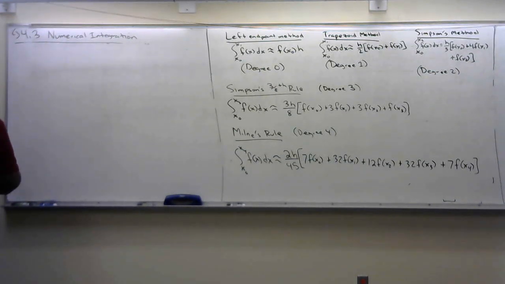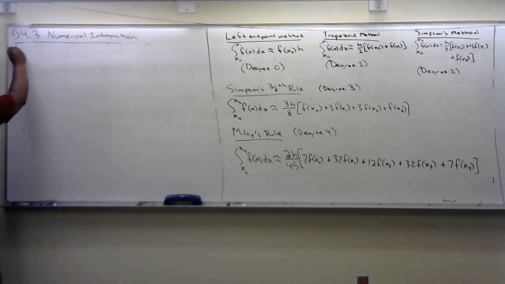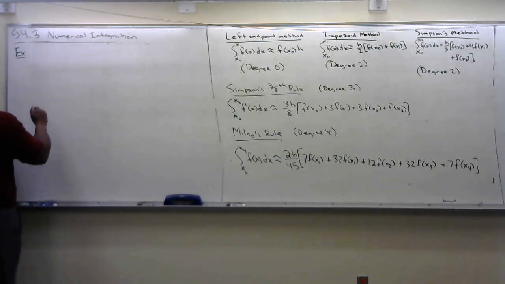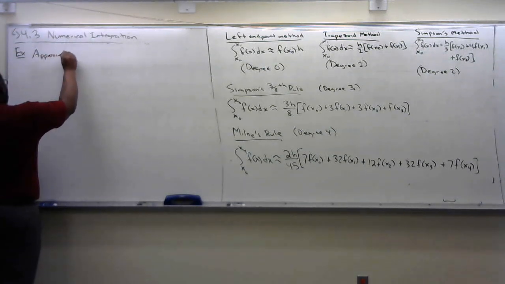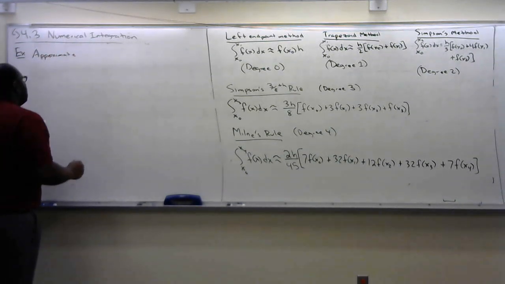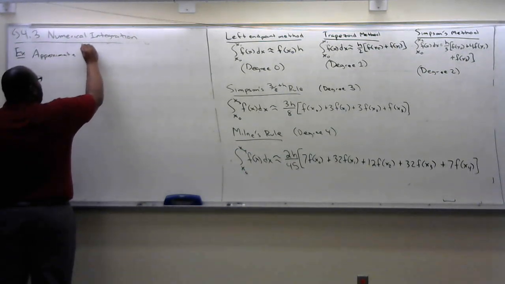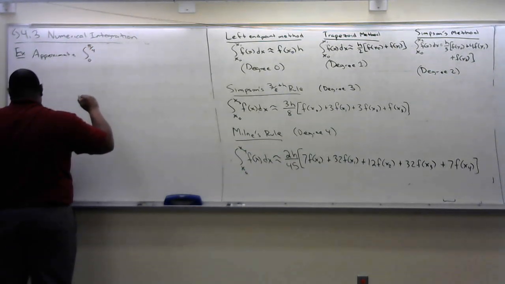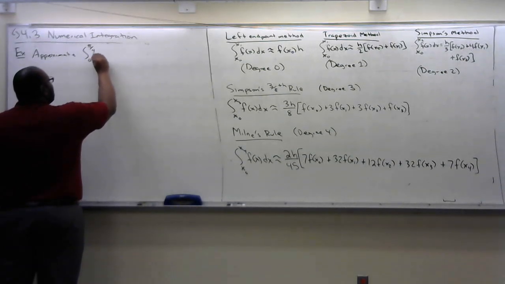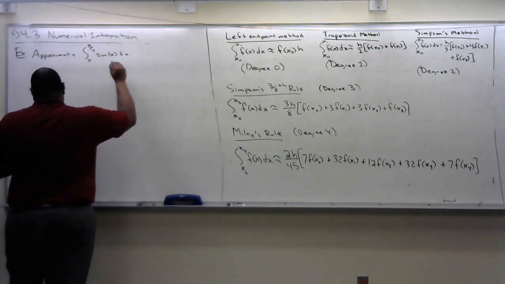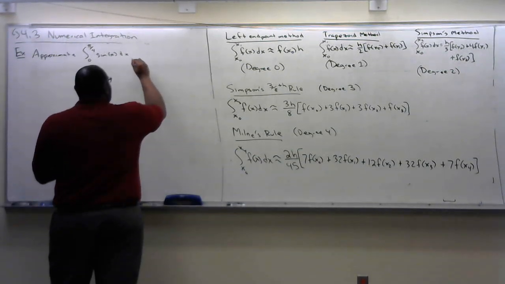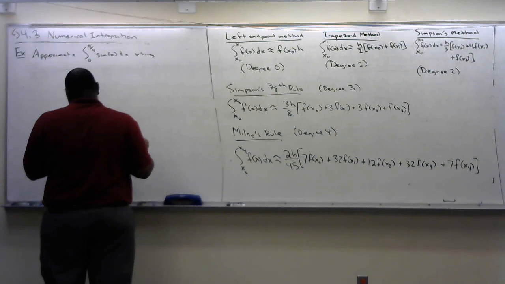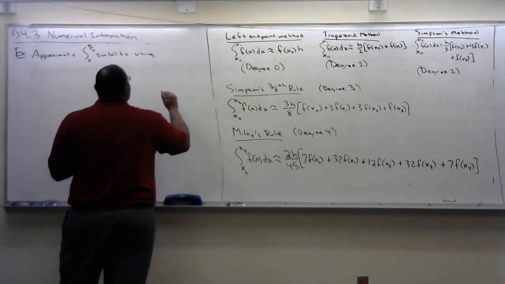Let's look at some examples real quick. I'm going to approximate the integral from 0 to pi over 4 of sine of x dx using the 5 approximations.